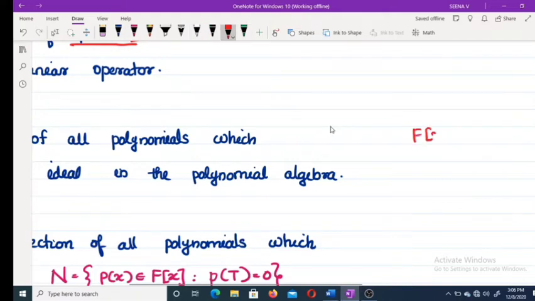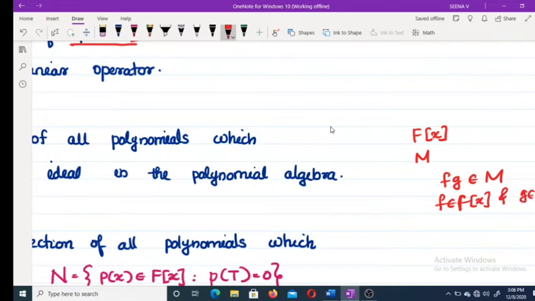Suppose M is a subset of F of x. M is an ideal if fg belongs to M whenever f belongs to F of x and g belongs to M. This is the definition of ideal.